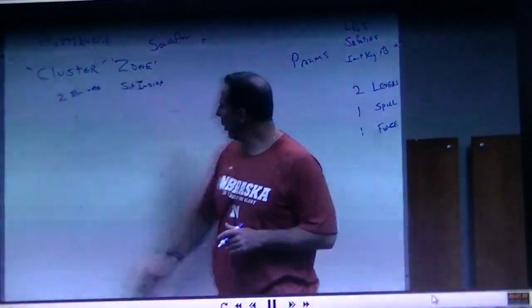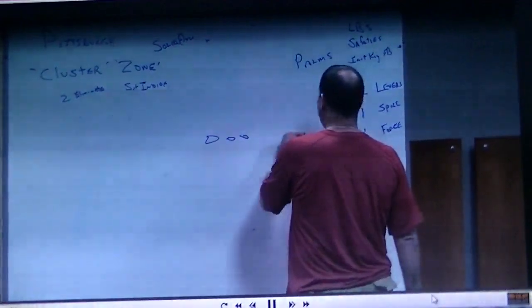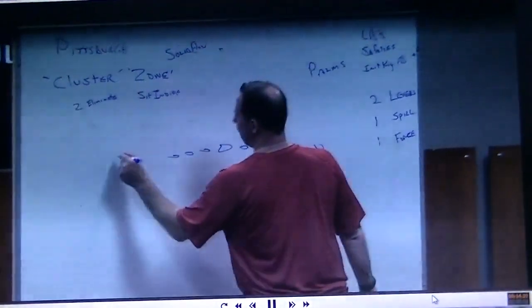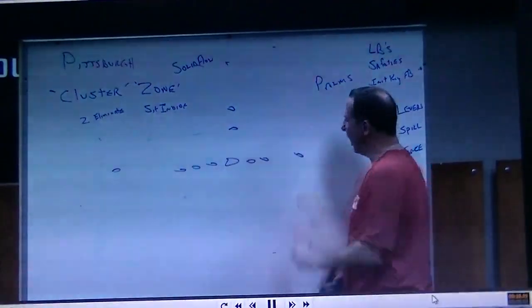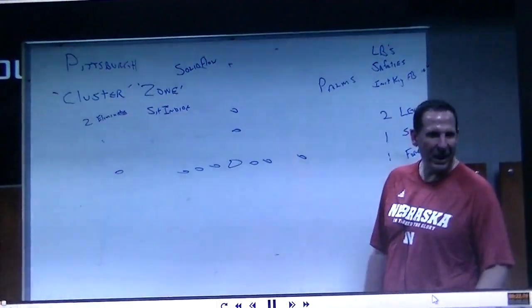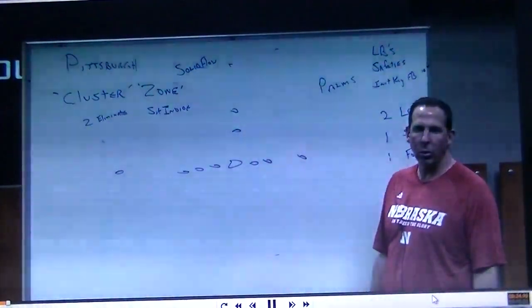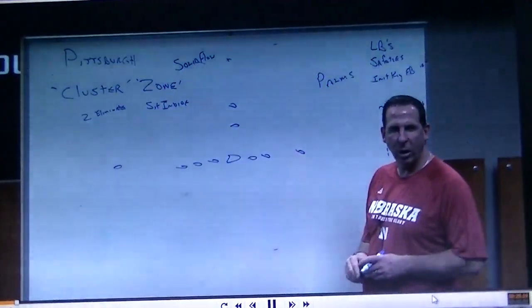Okay? What else can happen over there? What else can happen in this call? We said a possibility of a cluster call. Anything else happen? What if this guy's in tight? Look at free safety. We could make a cut call, right? Can you make a cut call in an I formation in this call?